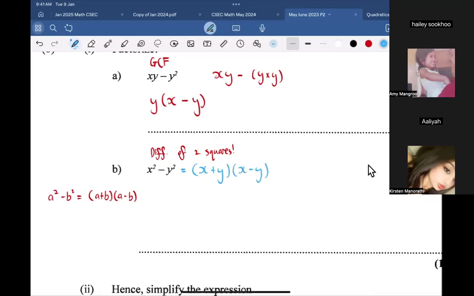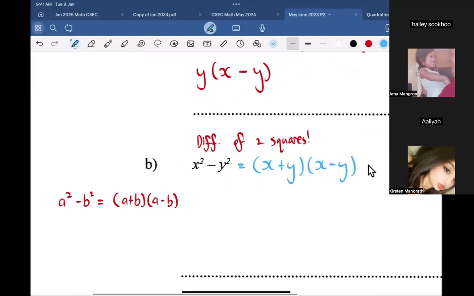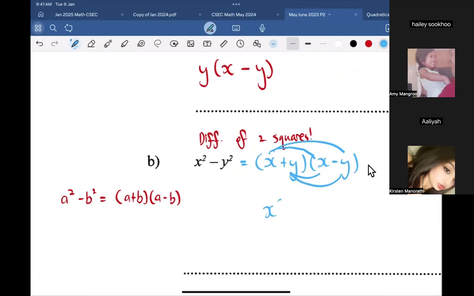And if I expand that, what's supposed to get back? x squared minus y squared. And we know how to do that. So let me do that. What is x by x? x squared. What is x by minus y? Minus xy. What is y by x?